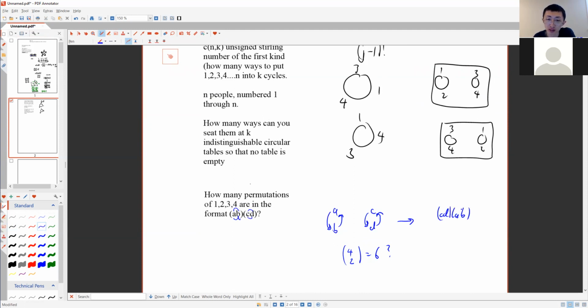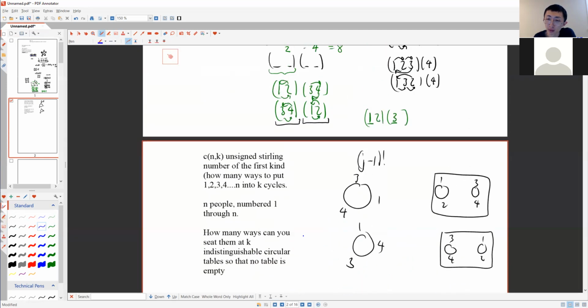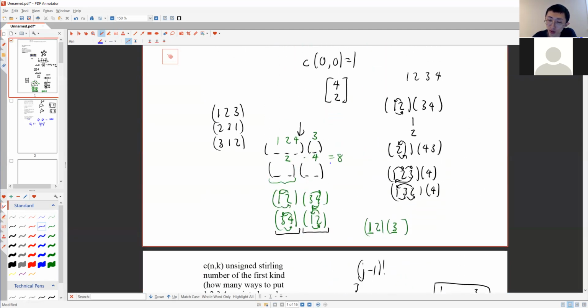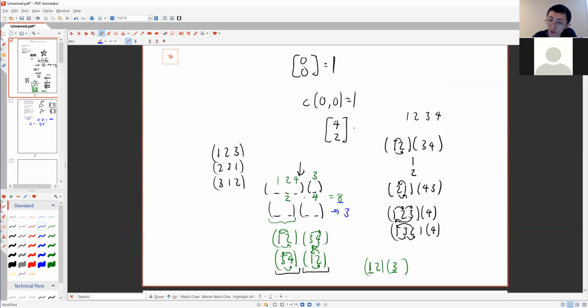The tables are indistinguishable, so we need to divide this by 2. So there's actually only 3 ways. No matter which cycle 1 is in, there's only 3 ways to pick what 1 swaps with: 2, 3, or 4. And then the other 2 swap with each other. Okay, so there are 3 for this and 8 for that. So this number is 11.